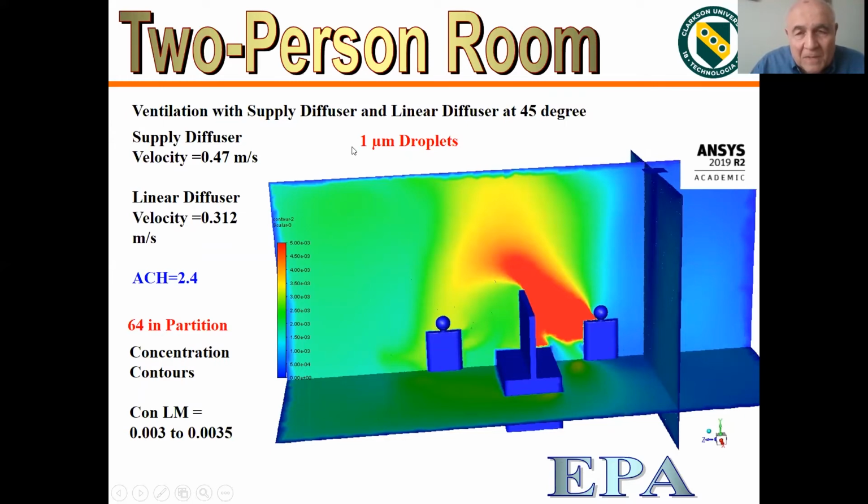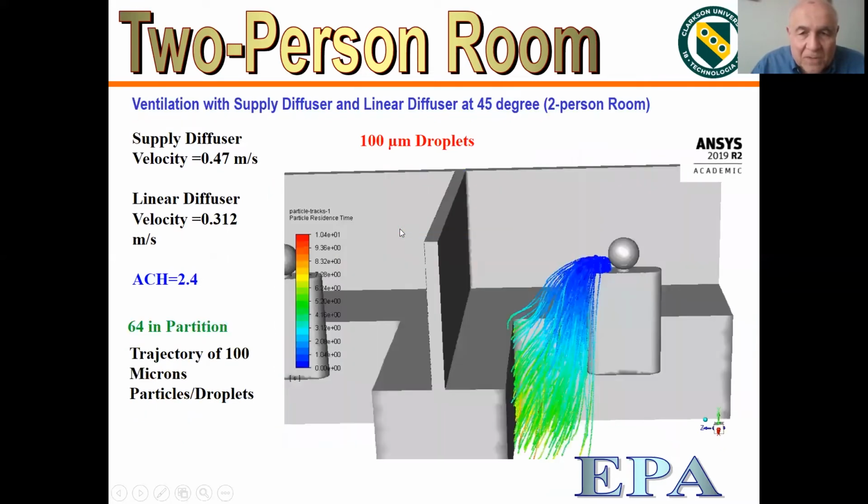For speaking, a 1 micron particle is the average size used here. We look at the concentration of particles in the room, and we can see that the other person gets exposed, and we use different partitions here to study the effect of partitions and those factors. If you go to larger sizes, gravity takes over quite a bit. For 100 micron, essentially all of the particles drop and the other person is safe.